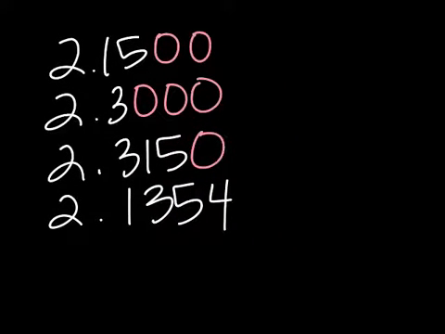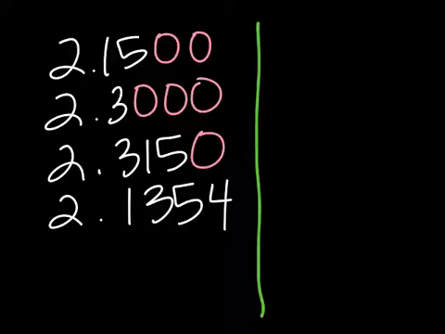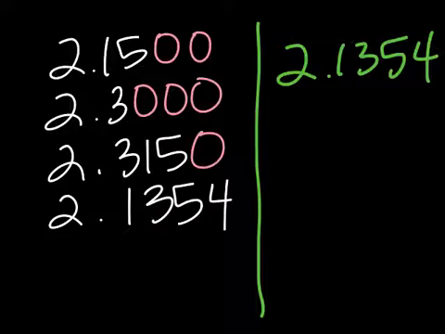So now when I do that, all I'm doing now is comparing these last 4 digits. Okay? And I'm going to put those in order from smallest to largest. So 1,374 would be my smallest. The next largest is going to be 1,500, so 2.15.